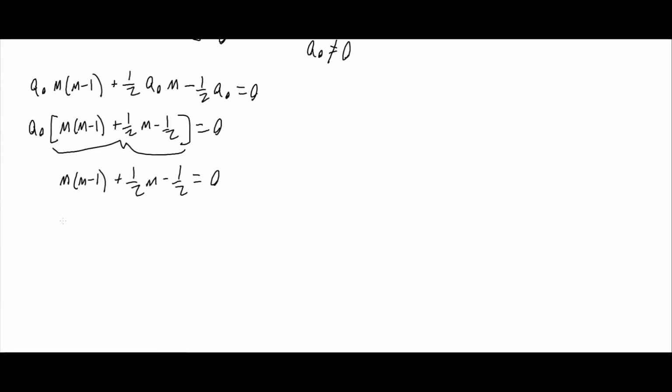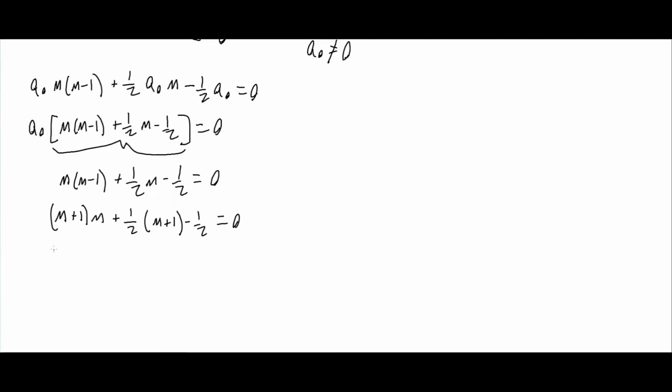And what we will end up getting for the a1 is something that looks like m plus 1 times m plus 1/2 times m plus 1, and then minus 1/2, and that should also equal 0.